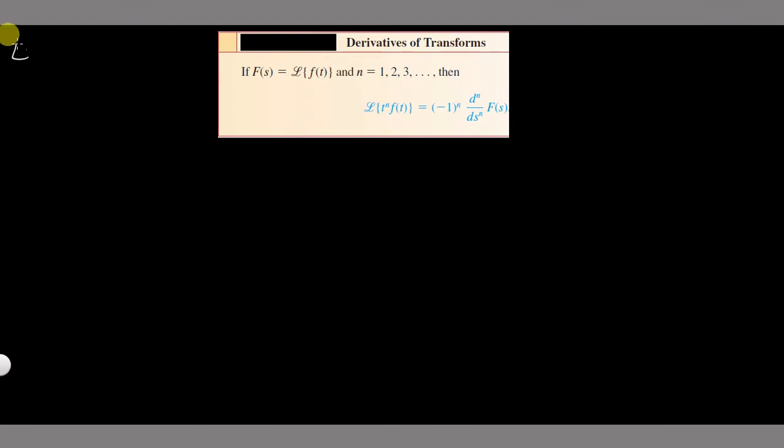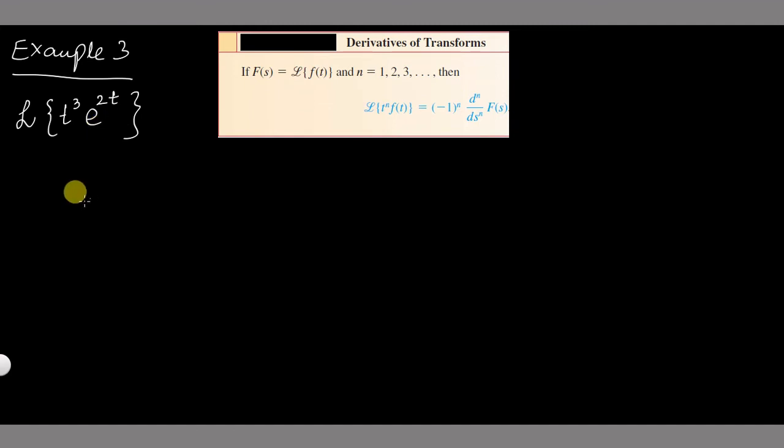Now in example number 3, evaluate the Laplace transform of t cube e raised to the power 2t. Here t is raised to the power 3, so n is 3, and our f of t is e raised to the power 2t.